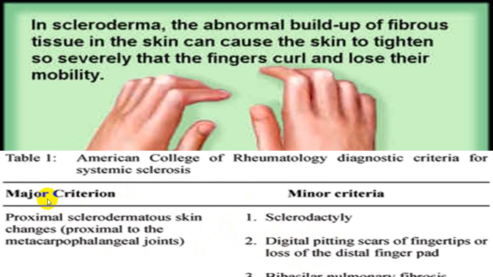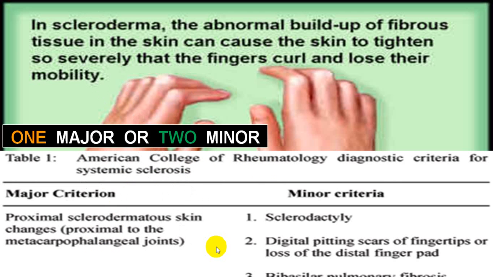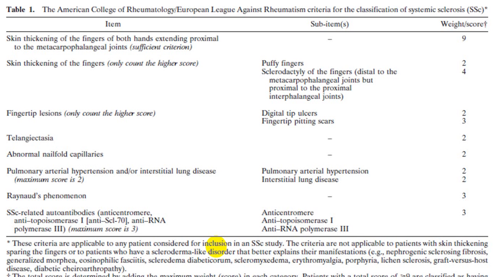As far as the major criterion is concerned, proximal scleroderma, that is proximal to the metacarpophalangeal joints. This is a very important criterion. If any person comes with that, it counts as a major criterion, and it is accepted by the American College of Rheumatology, in short the ACR criteria. So one major or two minor.